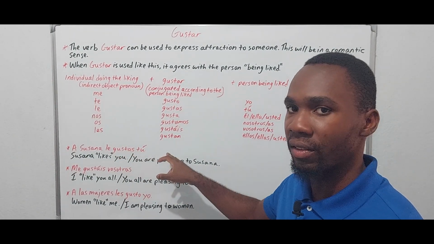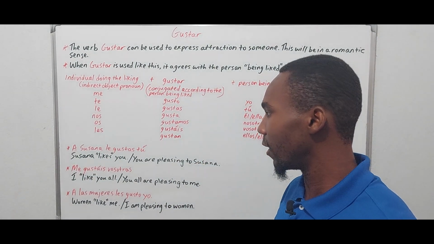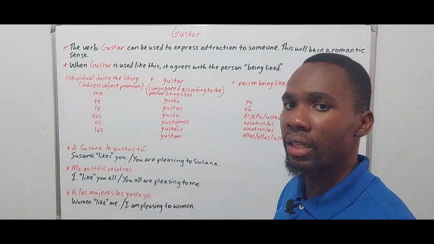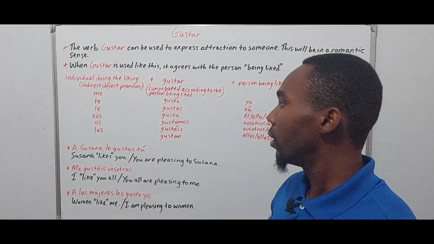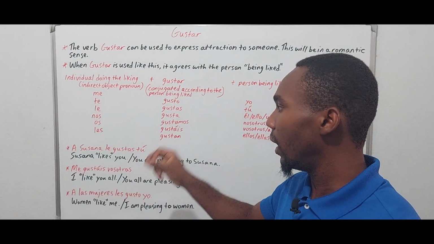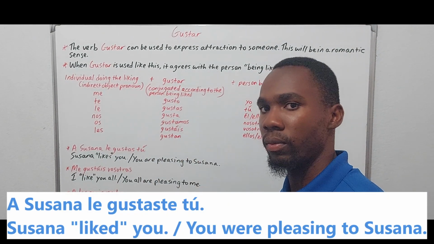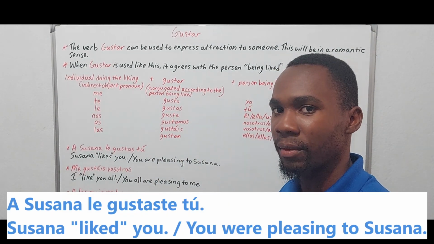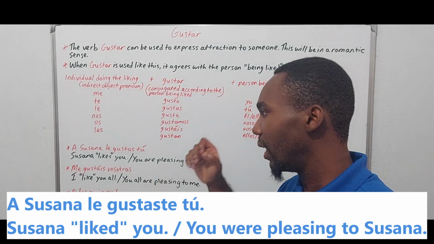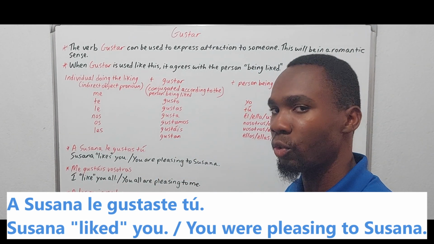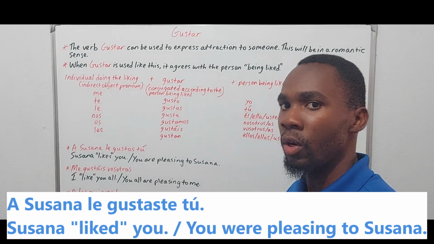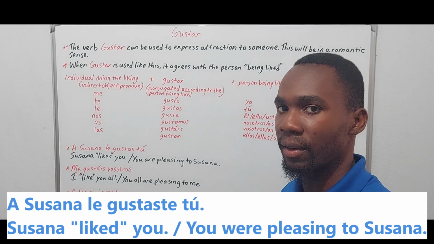So le gustas. So this is the present tense. Of course, we can conjugate this in the past tense if we wanted. We could say, a Susana le gustaste tú, if we use the preterite. Susana liked you, or you were pleasing to Susana.